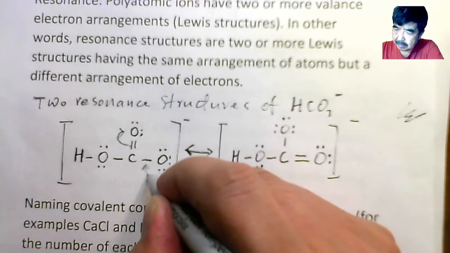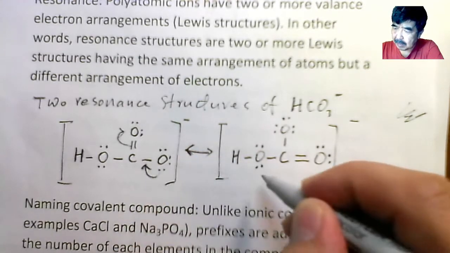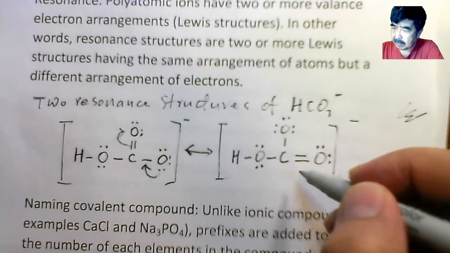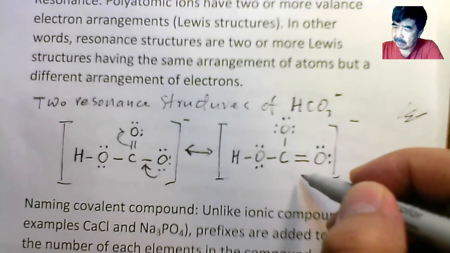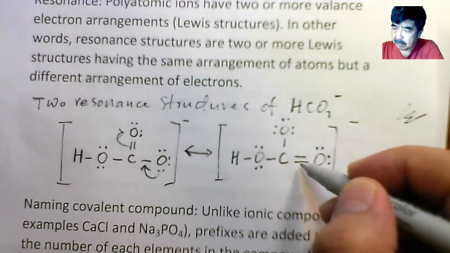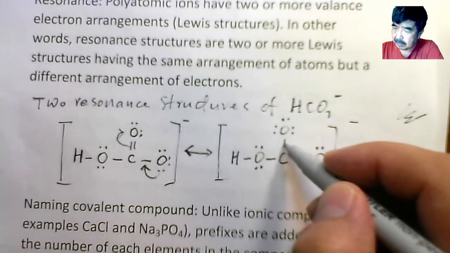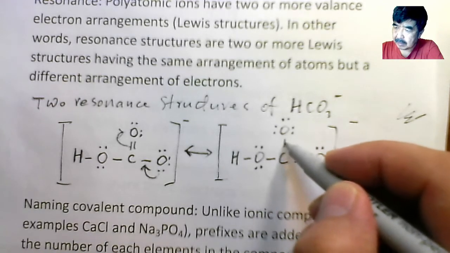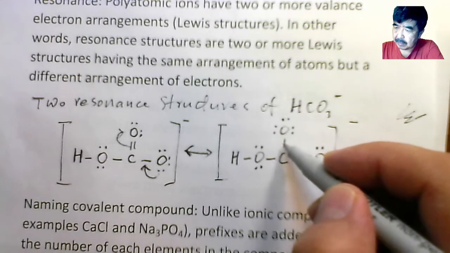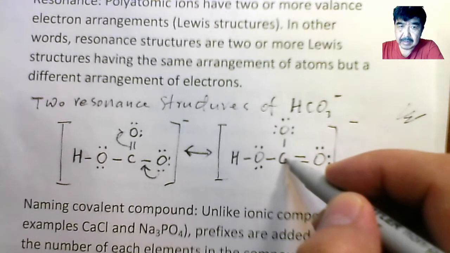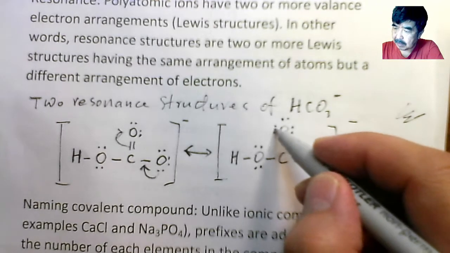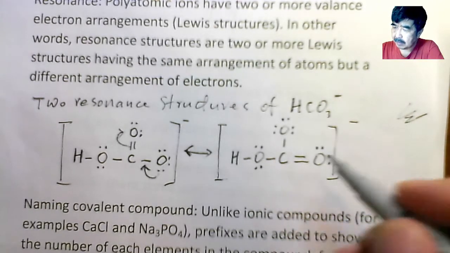This is what happened. Then they become this form. The double bond forms here, and this double bond breaks up and becomes a single bond. Then the paired electrons on this oxygen become a lone pair, and they become this.